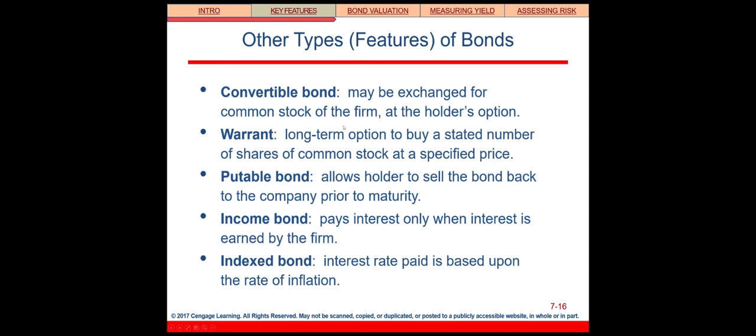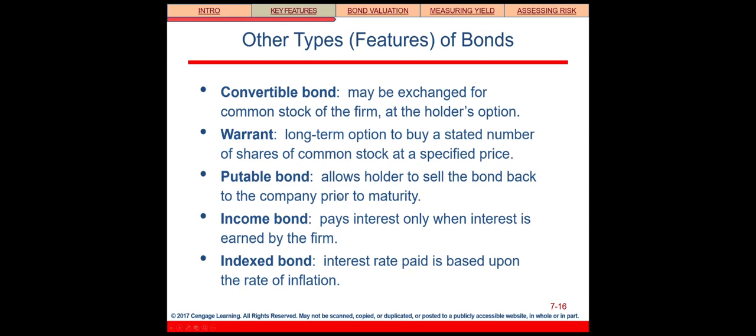A convertible bond means you use the bond to turn it into a stock. But the warrant doesn't need you to replace the bond with the stock. It just gives you an option to buy the stock, leaving aside the bond. The bond is still there, but you have the right to buy stock at a specified price.